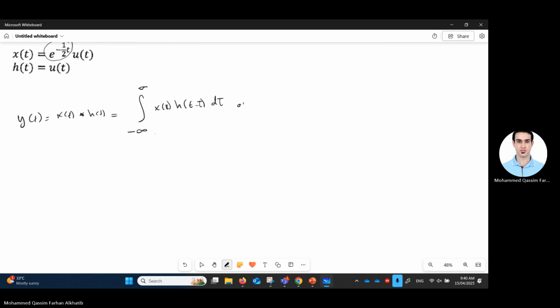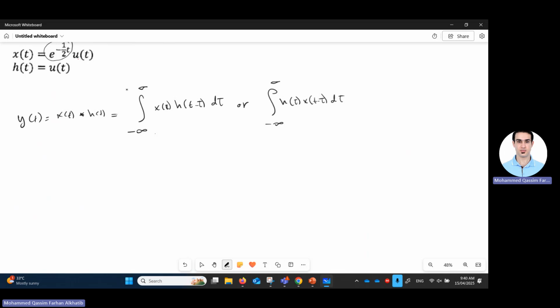Or the integration from negative infinity to infinity of h of tau, x of t minus tau, d tau. This means you can either flip x and shift it, or flip h and shift it.